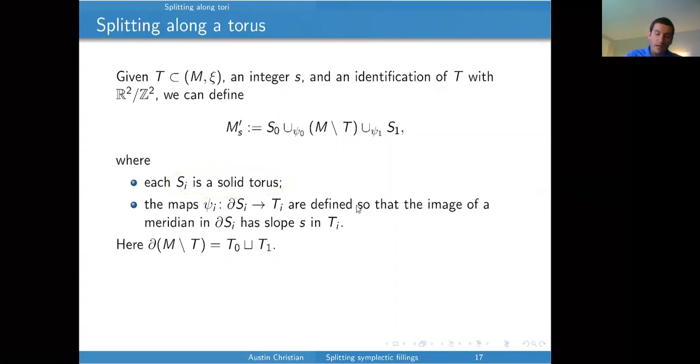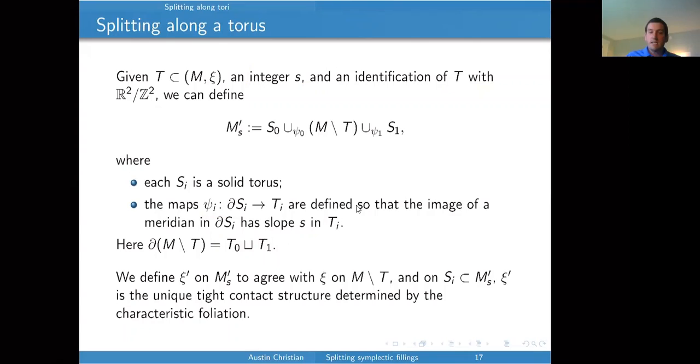So our new split open manifold will be a solid torus glued along one boundary component plus a solid torus glued along the other boundary component. And this integer S that we've chosen will allow us to define the maps that we use to glue in the solid tori. We'll glue these in so that the meridian of the solid torus has slope S. And again, this all depends on some identification of the torus with R2 mod Z2.